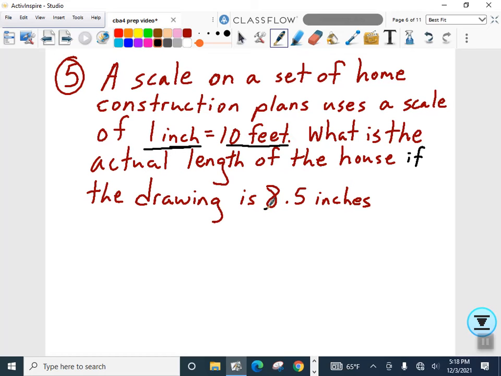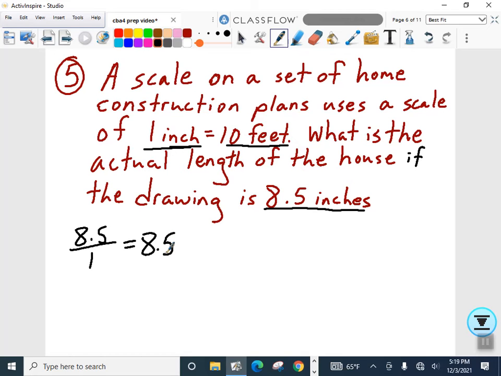And the drawing is 8.5 inches. So what did we have to do to 1 to make it 8.5? The easy way of figuring that out is take the 8.5 and divide by 1. That gives you 8.5.